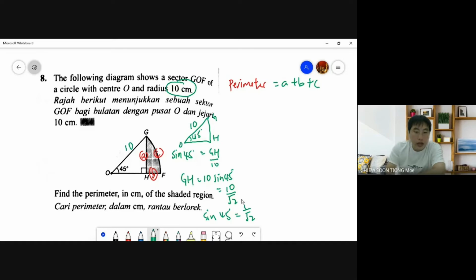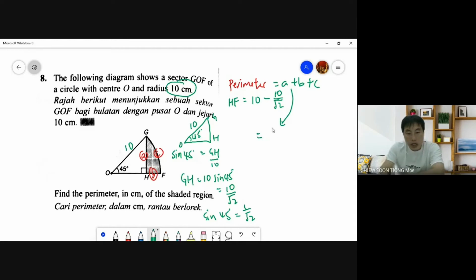Okay, once you get GH, you have to get HF. So how to get HF? I write down here, HF equals to 10 minus 10 over square root 2. I don't want to press calculator. At the last step only I press calculator.